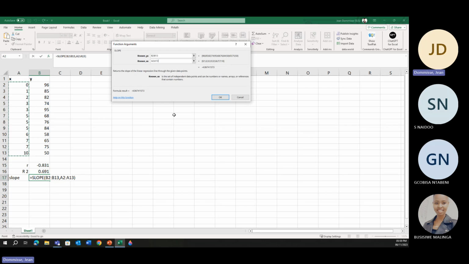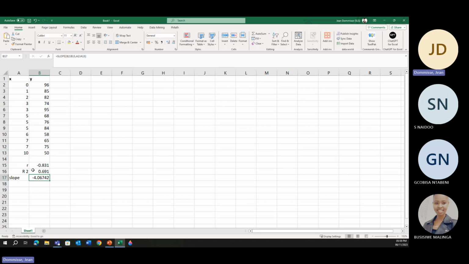And you will nearly put all of those values into your calculator. In Excel, it is different. So in Excel, you need to put in your y values first and then your x values second.